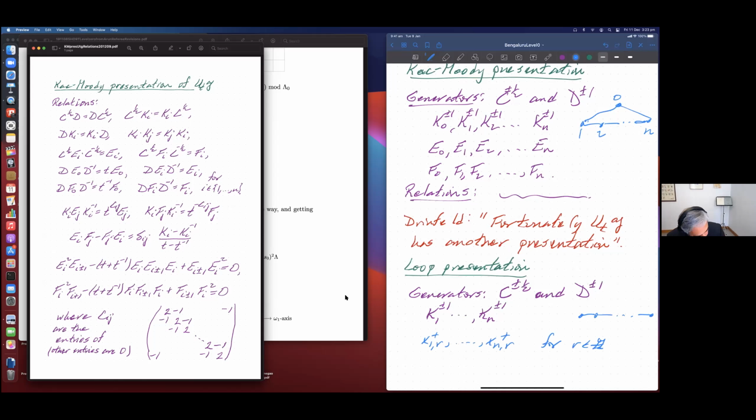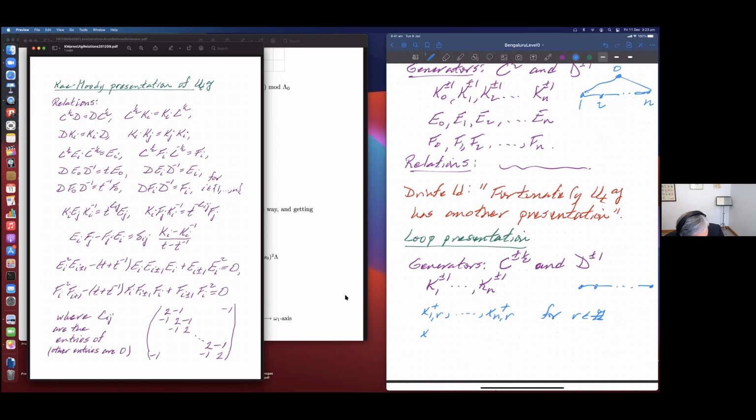And then I'm going to have x_{1,r}^- up to x_{n,r}^- for r in Z. And then I'm going to have E_{i,s}, for i from 1 up to n, and s in Z not 0.